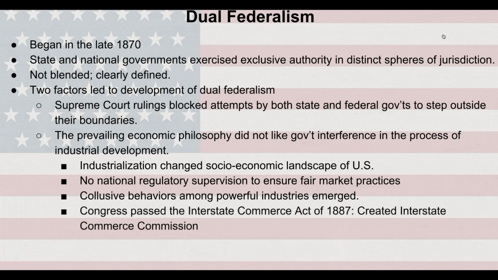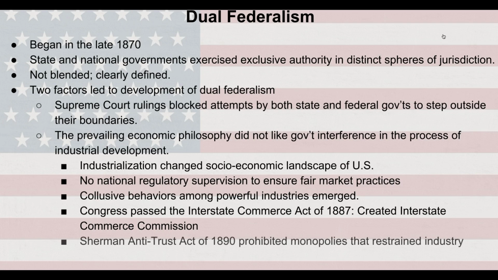And so Congress in 1887 will pass what's known as the Interstate Commerce Act, which creates the Interstate Commerce Commission to try to assist in helping to regulate some of these issues that are occurring because of industrialization. And then the Sherman Antitrust Act of 1890 prohibits monopolies and is going to severely restrain industry. And so that collusive behavior is going to start becoming a little bit more checked.